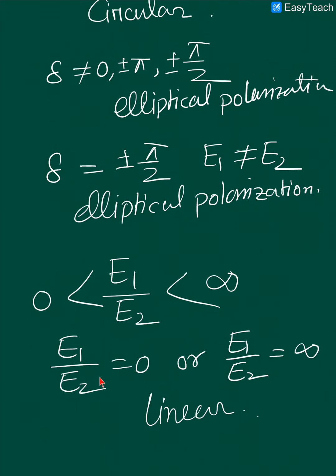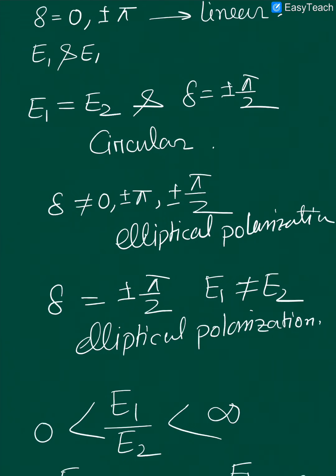Here E1 is 0, that is why this quantity is 0, and in this case E2 is 0, that is why this quantity is infinite. So if one component is 0, in that case you will have only linear polarization. Okay, thank you.